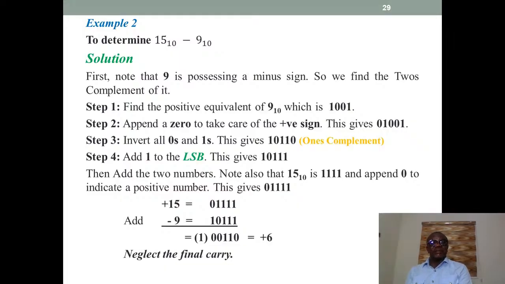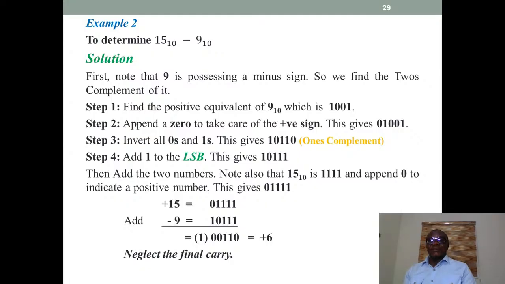How do we do that? Step 1, we find the positive equivalent of 9 in decimal, which is 1001. Step 2, we append a 0 to take care of the positive sign, because we want to make this 9 look like a positive number, so that it will be 15 plus whatever.